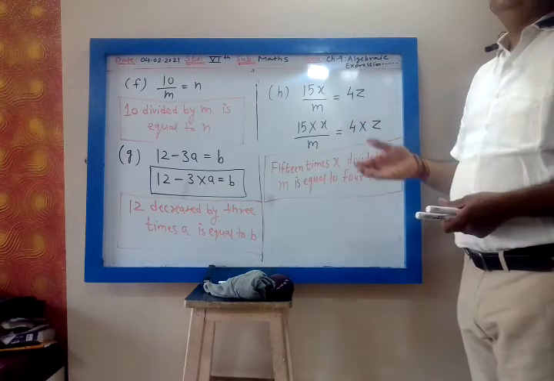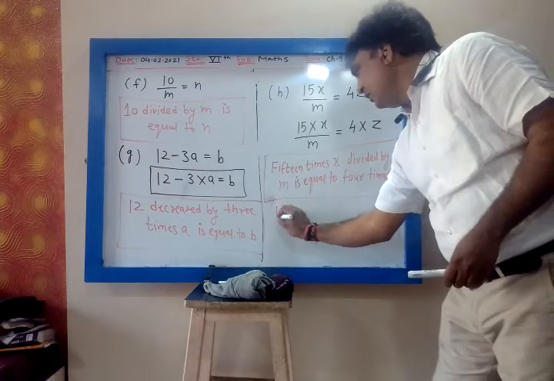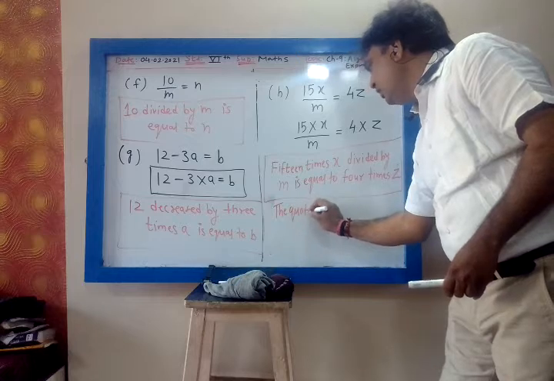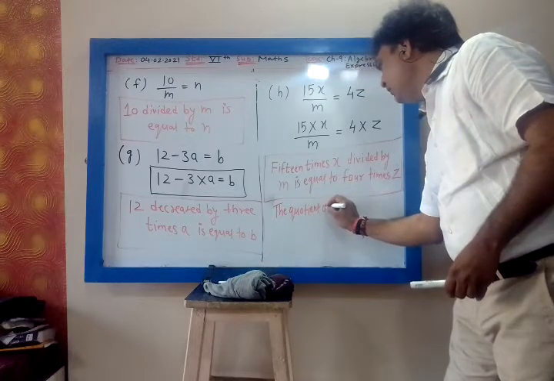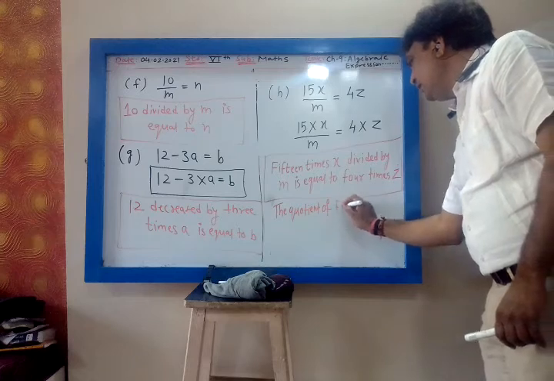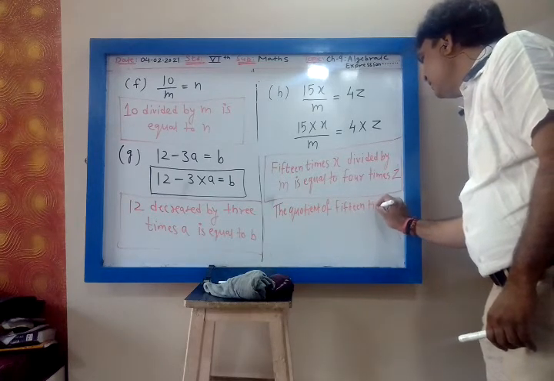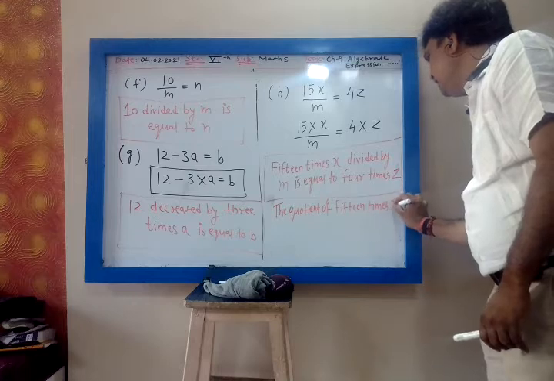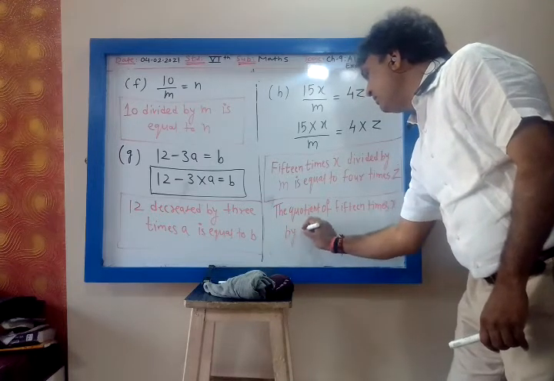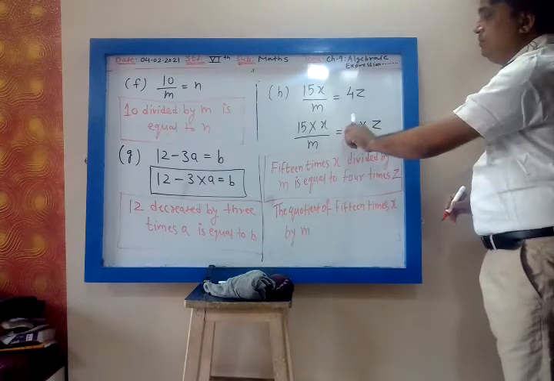Now we can write it in terms of the quotient: the quotient of 15 times x by m.